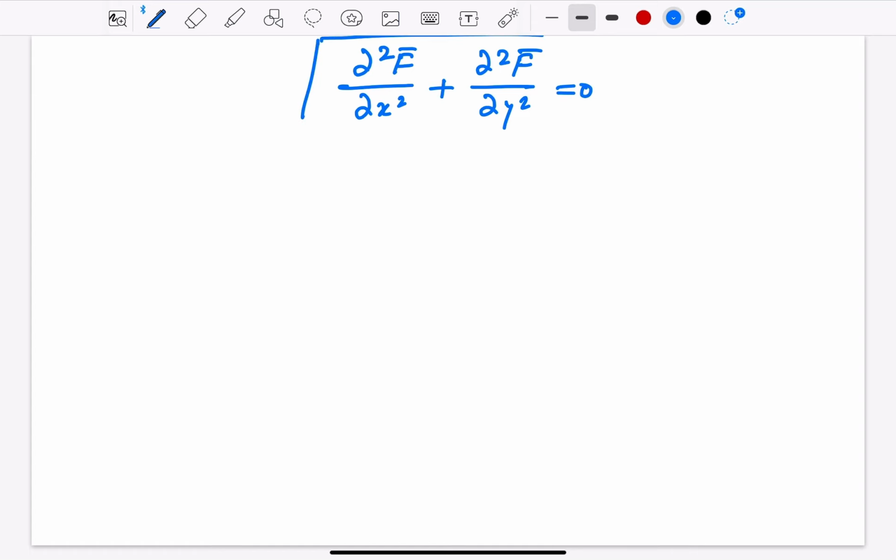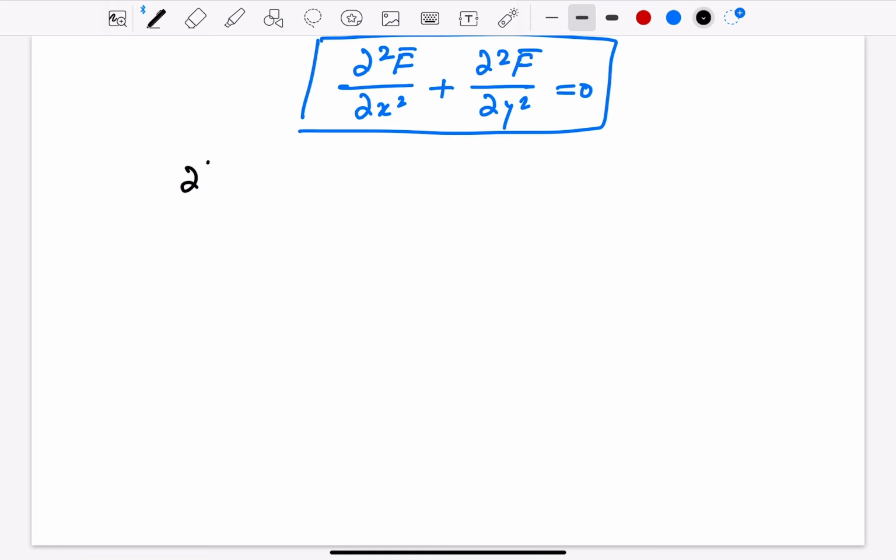Since f is Ex, Ey, Hx and Hy, we can write here the 4 equations. Let us write down these 4 equations.